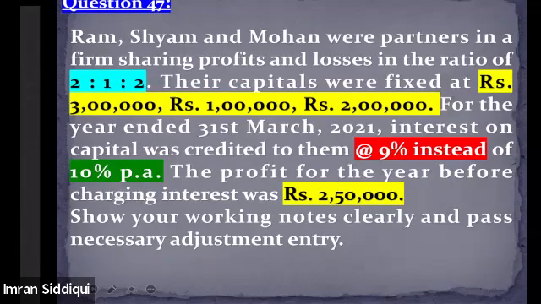Interest on capital was credited to them at the rate of 9% instead of 10%. The profit for the year before charging interest was 2,50,000. Show your working notes clearly and pass the necessary entries. All right, so I want all of you to try and solve this question as well.